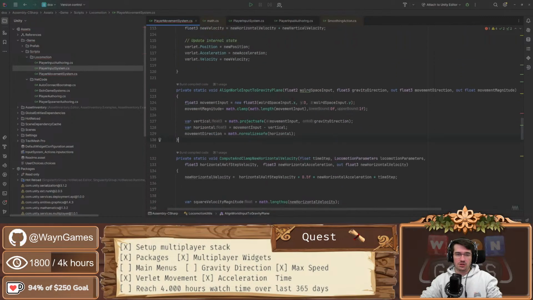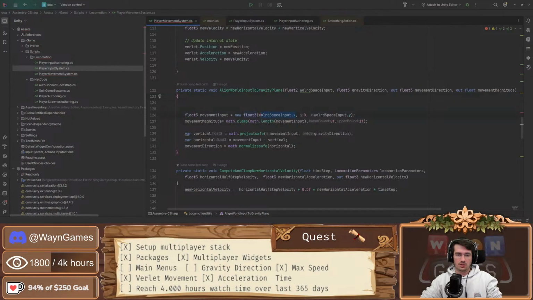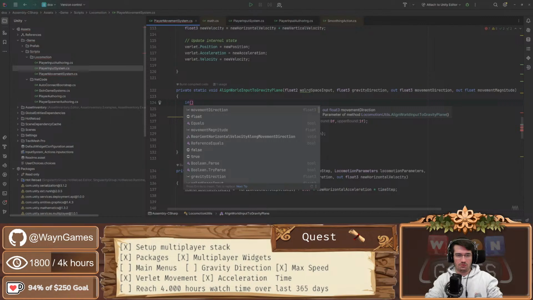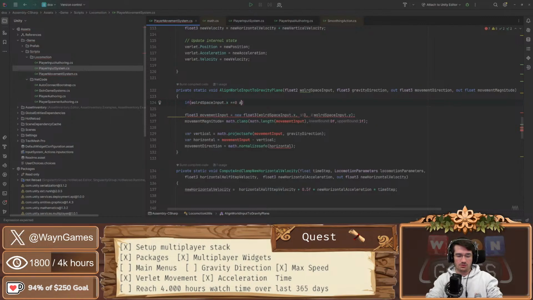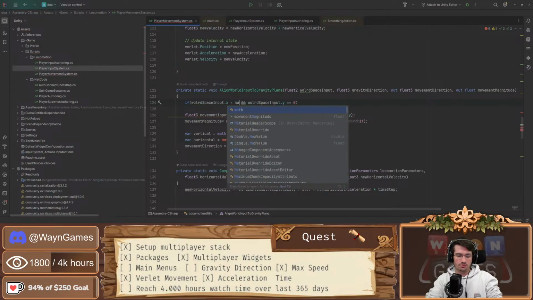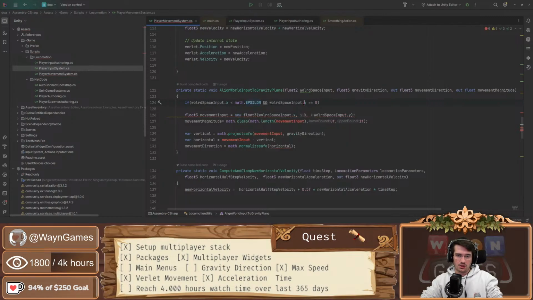And the last thing I need to check here is that if magnitude equals 0, I don't actually need the length here, so actually if this equals 0, and actually I can probably do inferior to math dot epsilon to get a bit of leeway in the interpretation, just to make sure.